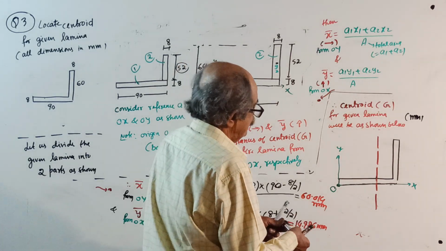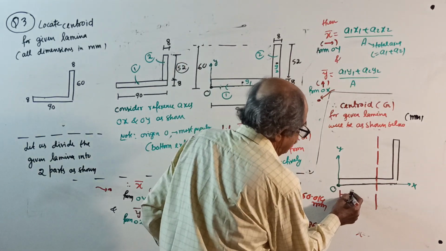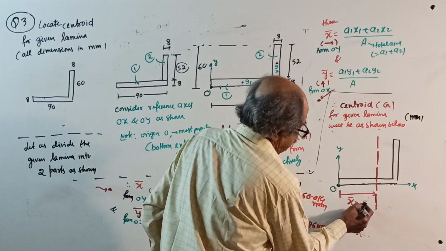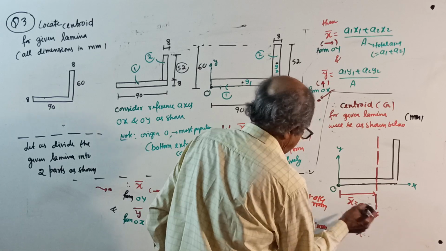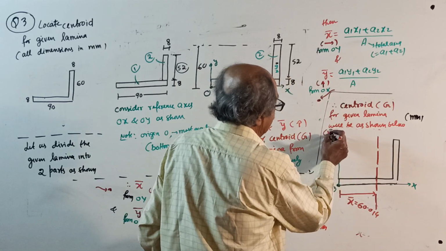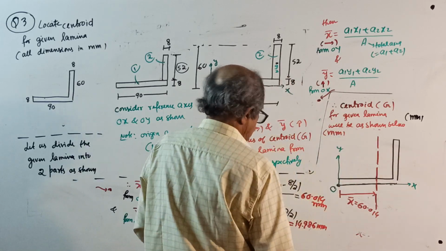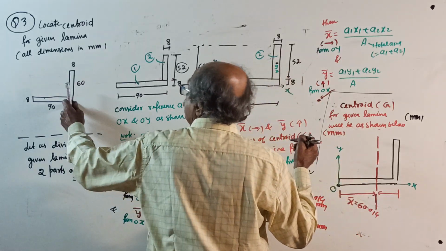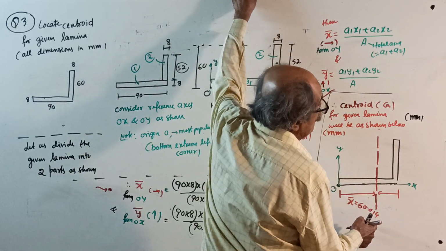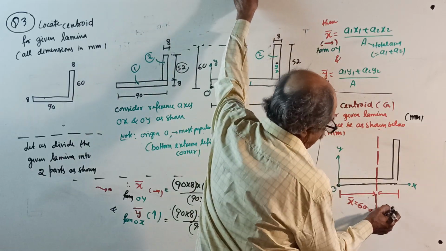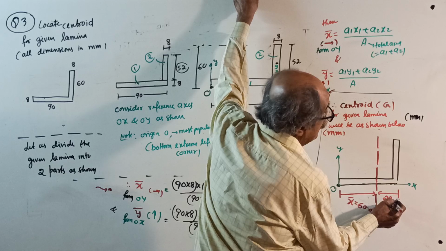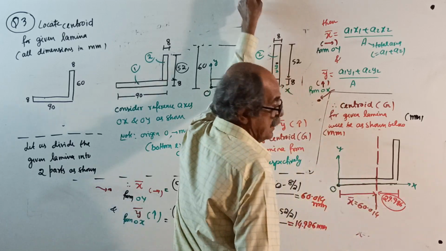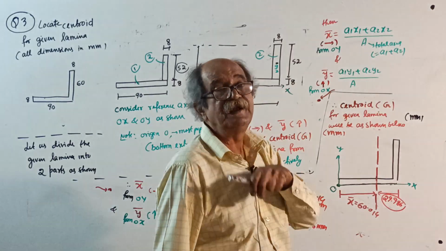This is your x bar equal to 60.014 millimeter. All dimensions are in millimeter. And from this side, it will be total 90, subtract 60.014, it will come 29.986. Calculate it. Actually, these values are there in the steel tables.